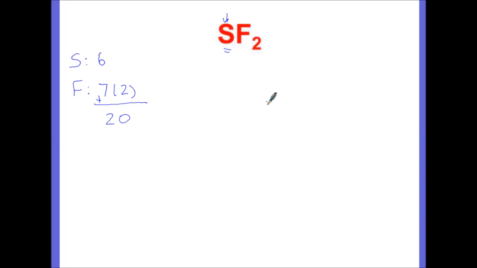So we draw our sulfur in the center, and we bond everything else to it. So we have 2 fluorines we have to bond to it. And now let's just make sure everything has 8 valence electrons. Fluorine only has 2, so let's go ahead and draw in the remaining 6 electrons.